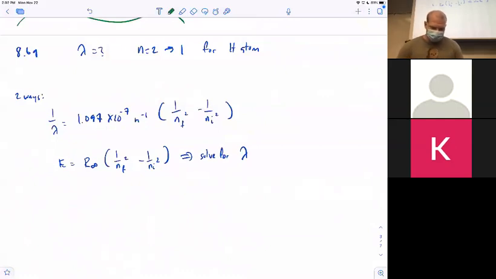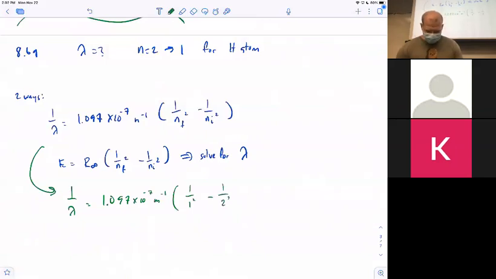So I'll just do it this way. 1 over wavelength is 1.097 times 10 to the 7 inverse meters times 1 over 1 squared minus 1 over 2 squared. So this, of course, equals 3/4, because 1 over 1 squared is 1, 1 over 2 squared is 1/4, and 1 minus 1/4 is 3/4.